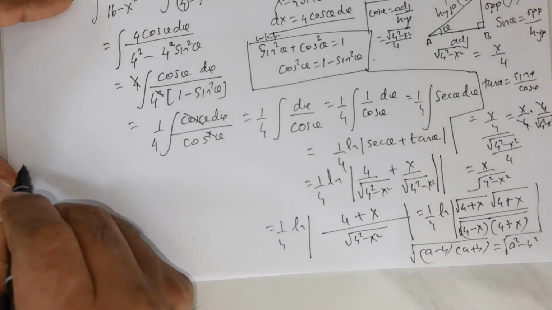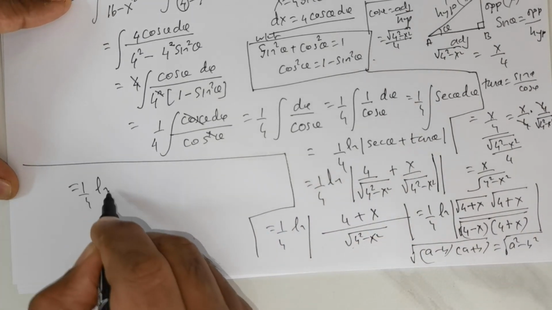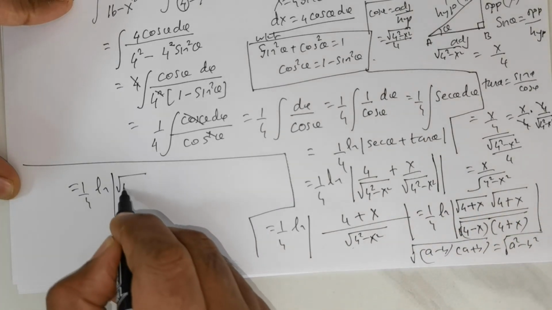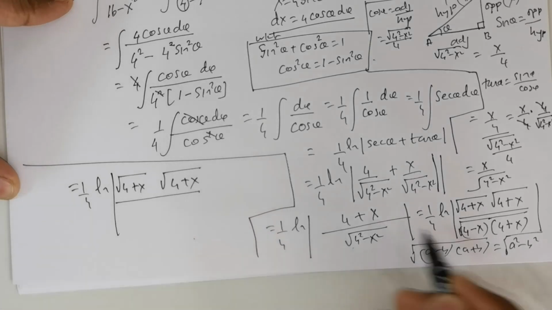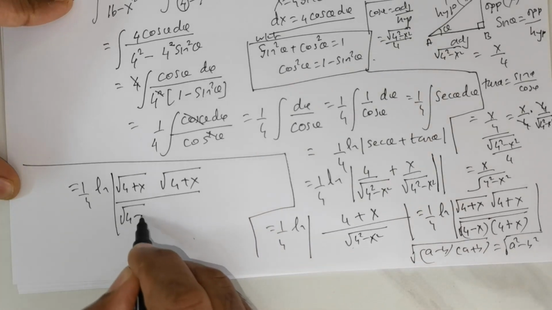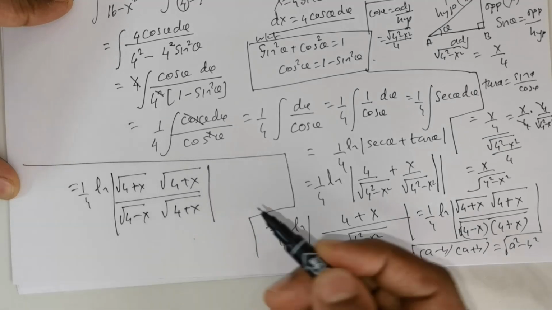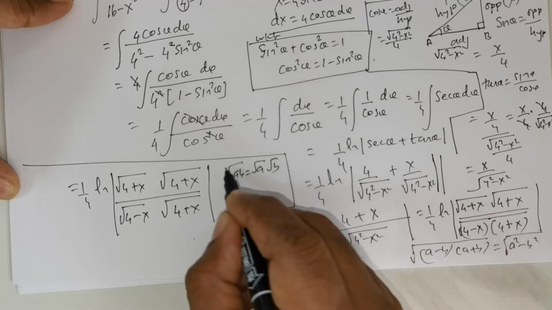Now come back over here. So this is equal to 1 over 4 times ln. Now can I rewrite this as root of 4 plus x multiplied with root of 4 plus x divided by square root of 4 minus x times square root of 4 plus x? Of course I can, because root of a times b is root of a times root of b.